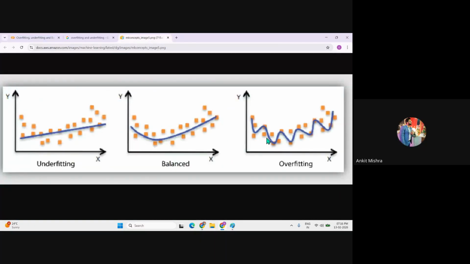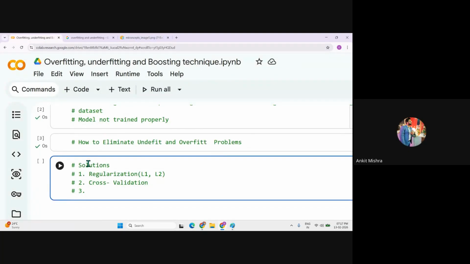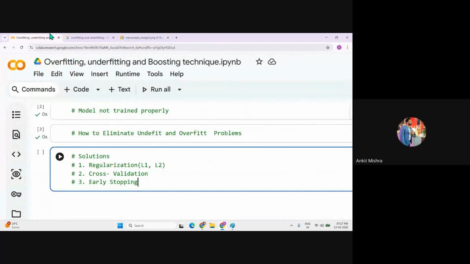Because we are training our model again and again. So we can use a third technique, generally used in deep learning, not in ML, called the early stopping technique. Early stopping is when we are about to get an overfit model, we stop the training part.